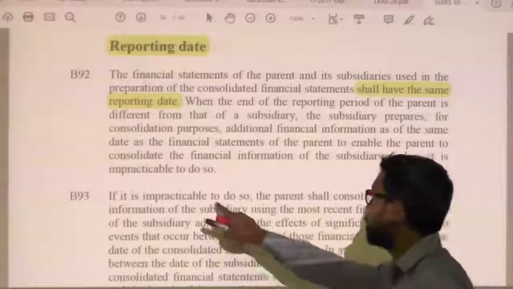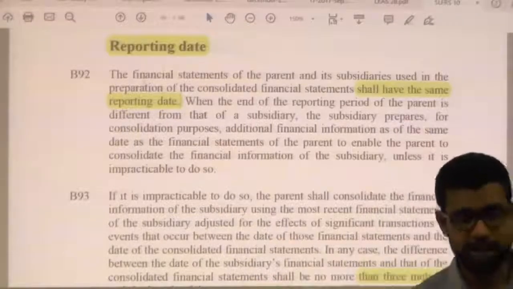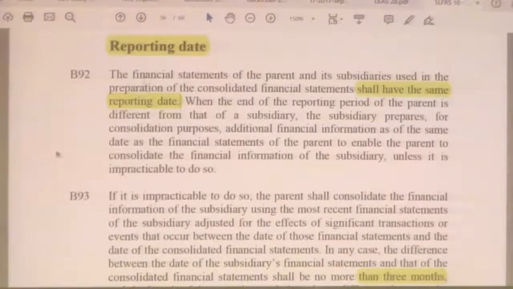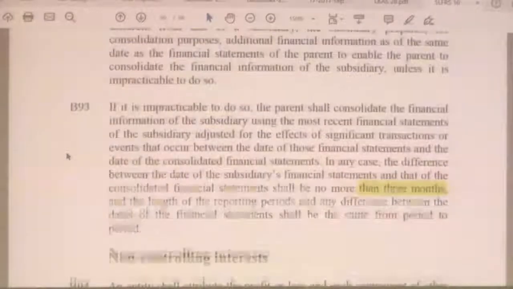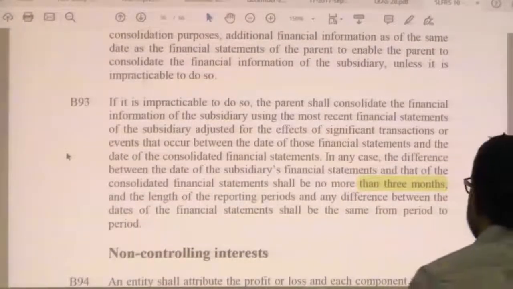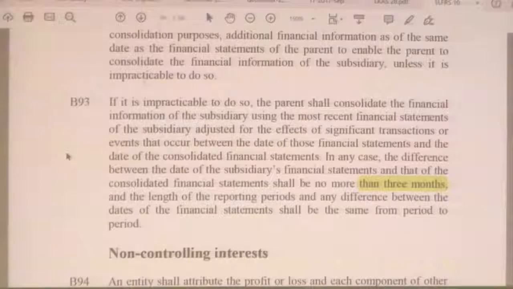If it is impracticable to do so, the parent shall consolidate the financial information of the subsidiary using the most recent financial statements of the subsidiary, adjusted for the effect of significant transactions or events occurring between the date of those financial statements and the date of the consolidated financial statements.